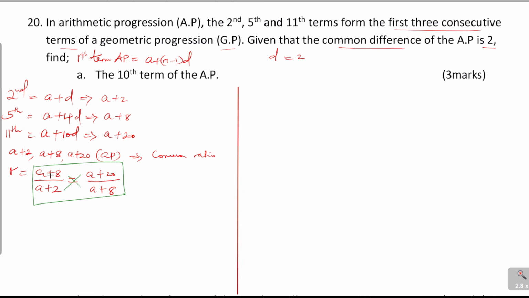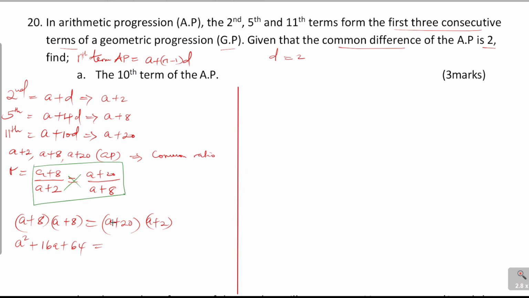So a plus 8 multiplied by a plus 8 is equivalent to a plus 20 multiplied by a plus 2. We expand these. a plus 8 multiplied by a plus 8, that is a plus 8 squared. When you expand that, you'll get a squared plus 16a plus 64.